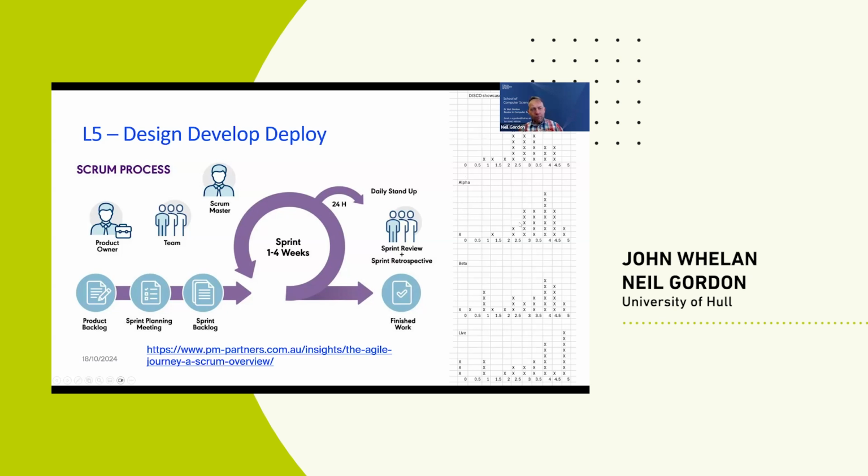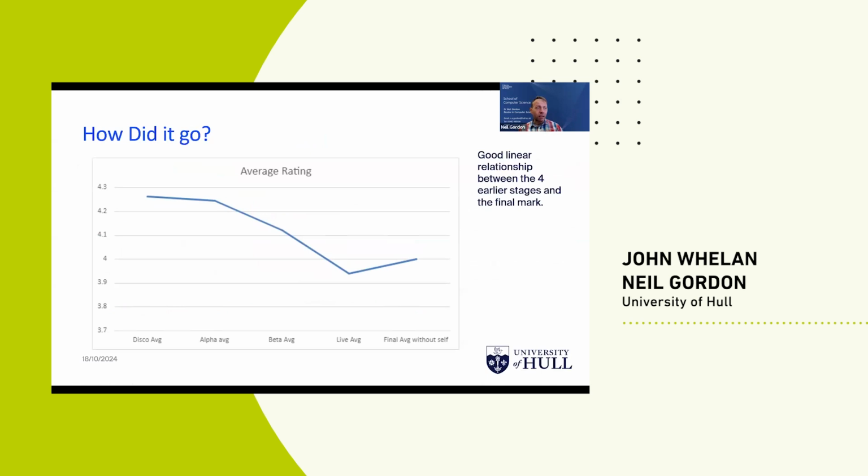As they learned from that, when it progressed, the profile skews more and more to the right, apart from where some teams dropped out. So it gives us a way to contextualize team activity, drive that team process, and at the end of the day, to then be able to give them individual marks. So we get this linear relationship between the marks on average for the team project activities at the start.